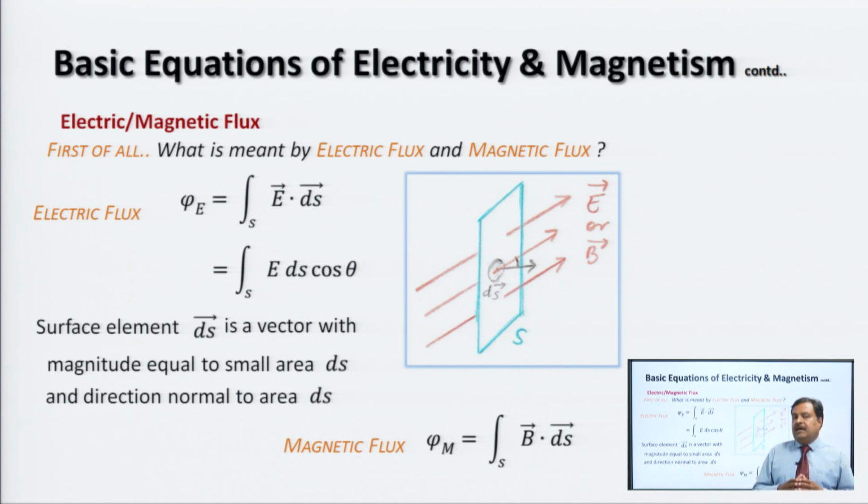It is said that electric flux associated with a surface is the number of electric lines of force passing through the surface normally. So, let us consider this figure. In this figure you see this surface area S, and these red arrow lines. Suppose these red arrow lines represent direction of electric field.